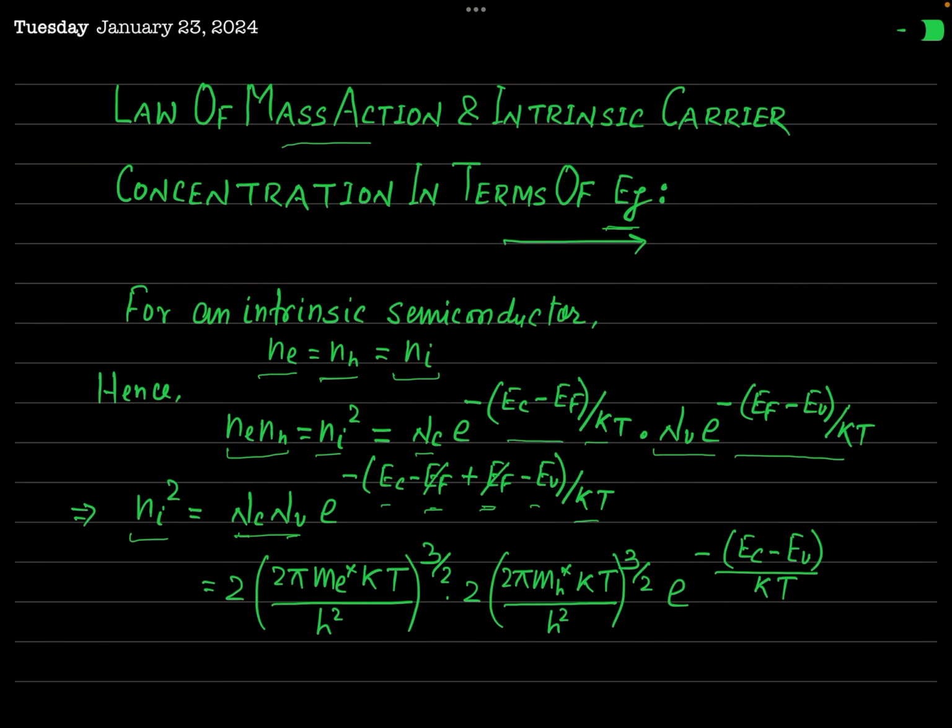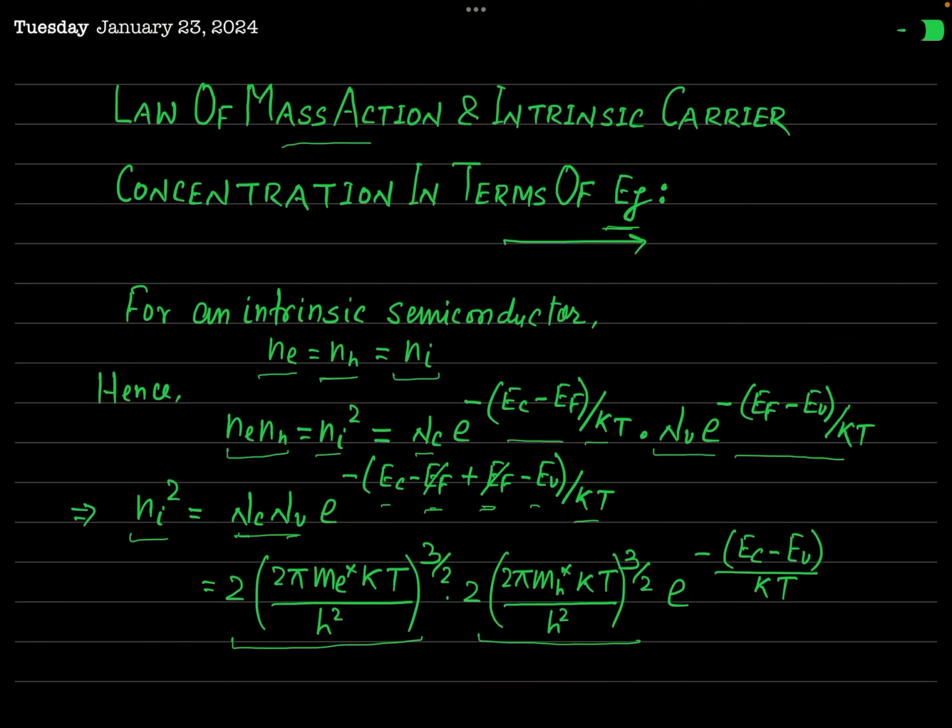You know, Nc is given by this expression: 2 times (2 pi Me star Kt over h square) whole to the power 3 by 2. And Nv is given by this expression: 2 times (2 pi Mh star Kt over h square) whole to the power 3 by 2.